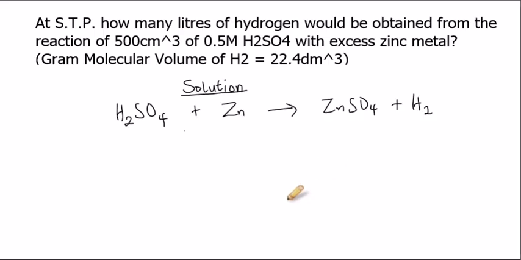Now after writing a balanced chemical equation, what is the next step? In the question we are to determine the volume, since they said how many liters, that is volume of hydrogen.